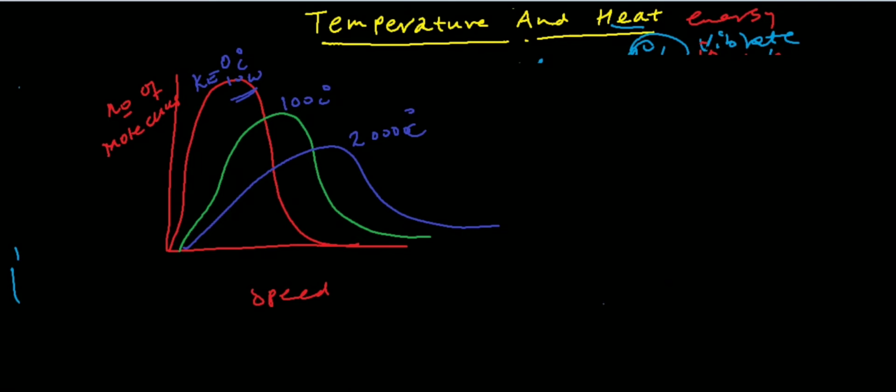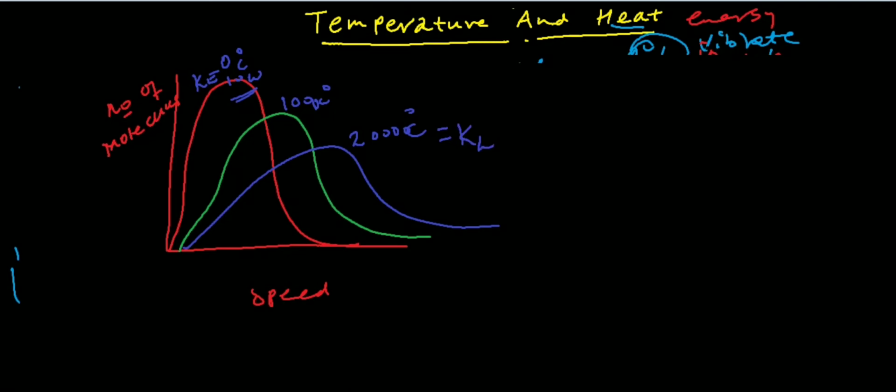As a substance is heated up to a high temperature, for example 2000 degrees Celsius, the graph shows that the average speed, and consequently the average kinetic energy, of the particles is greater than that at 0 degrees Celsius.